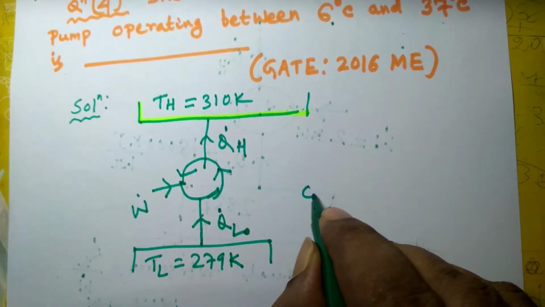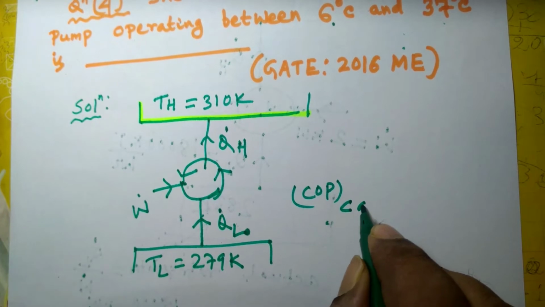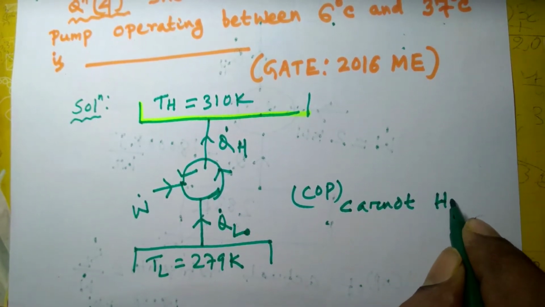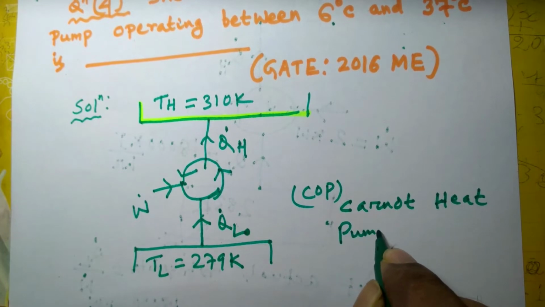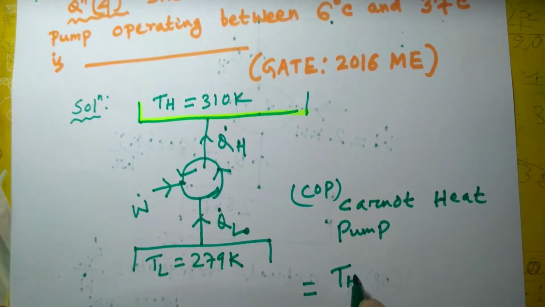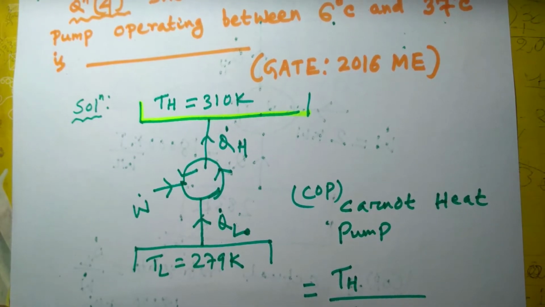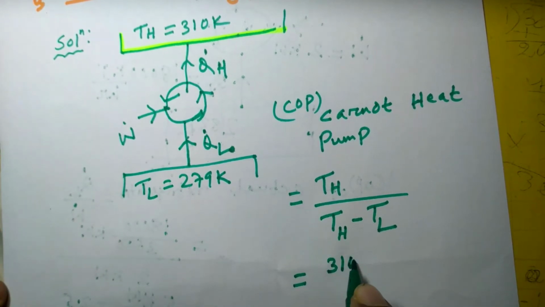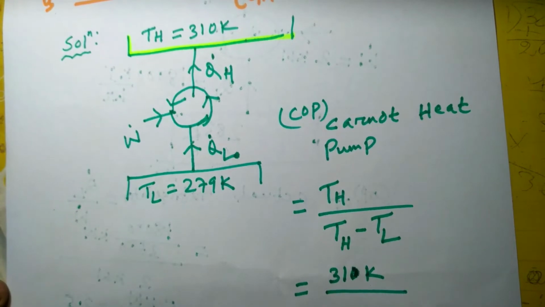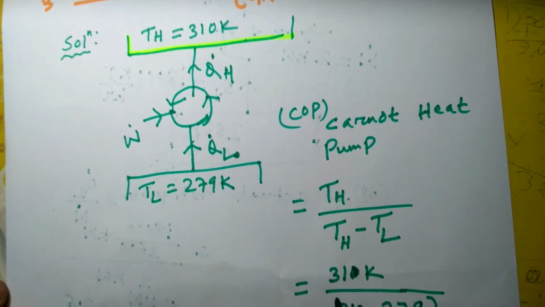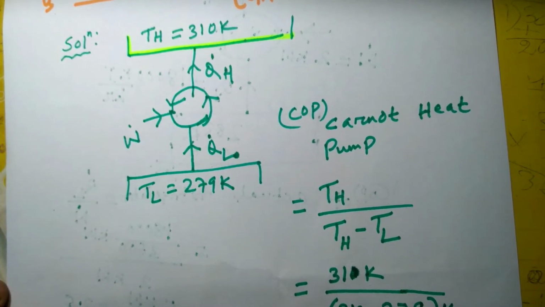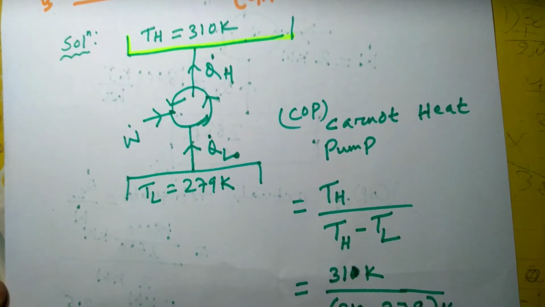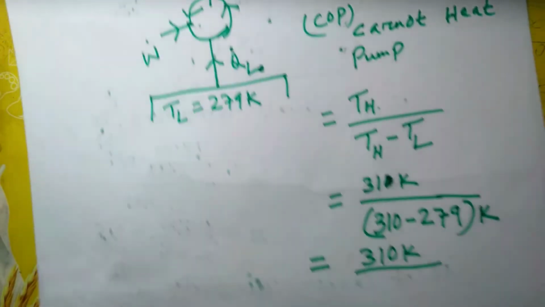The COP of a Carnot heat pump will be TH divided by TH minus TL, and this is equal to 310 Kelvin divided by 310 minus 279 Kelvin, and this is equal to 310 Kelvin divided by 31 Kelvin.